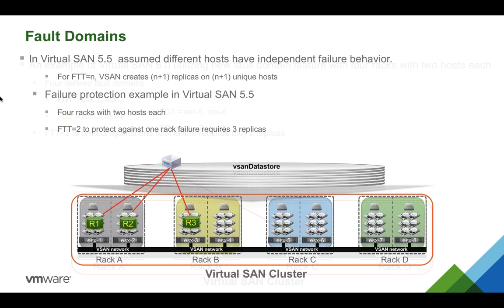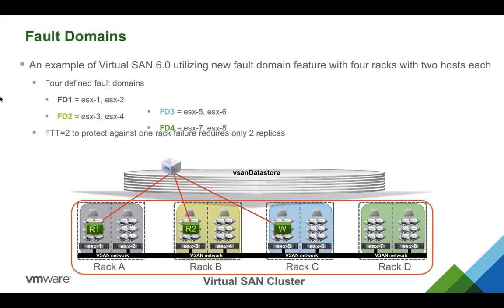Awesome. Cool. So here's one of the things that are pretty unique about fault domains: aside from the availability factor, it also allows you to make more effective use of storage capacity. In this diagram, you can see a virtual machine that has a failures to tolerate equals 1, which means we need 3 replica copies in Virtual SAN 5.5 to provide compliance on this policy in the event of a failure.